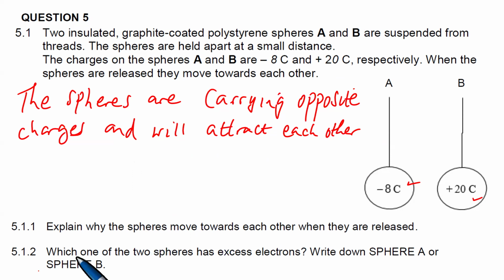They're carrying opposite charges and they attract each other. Next point.